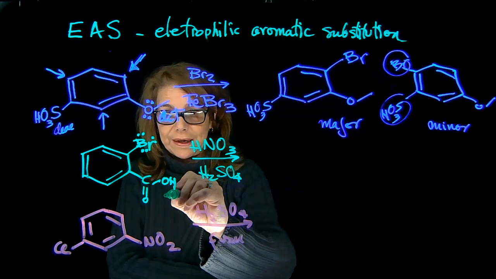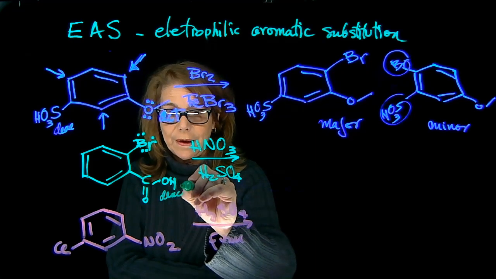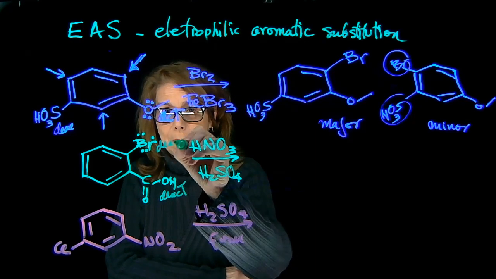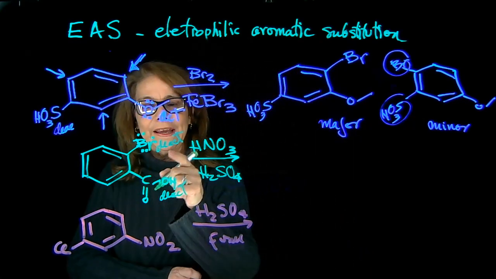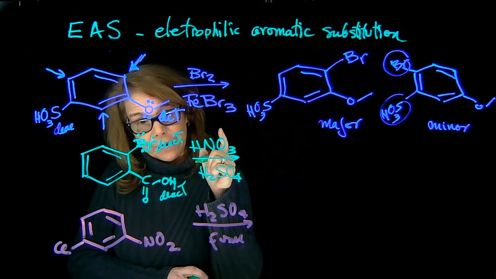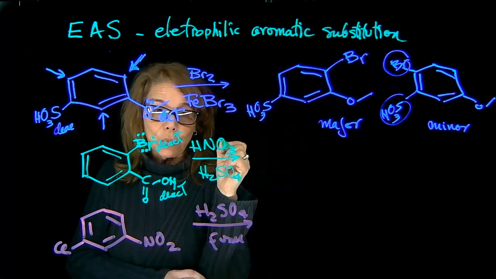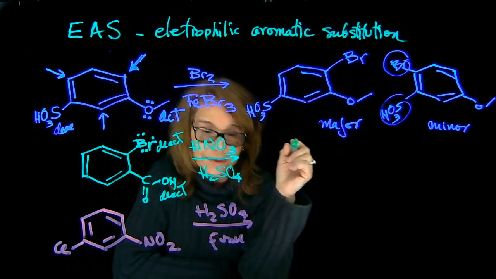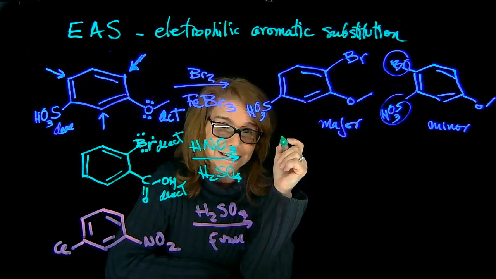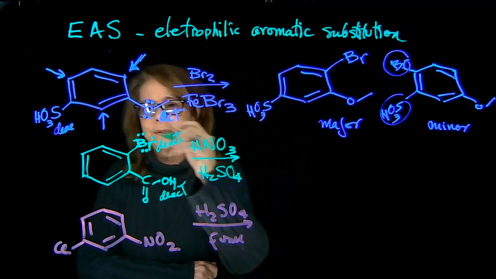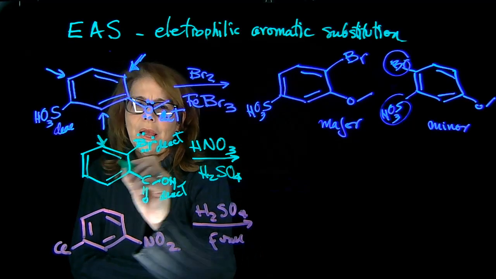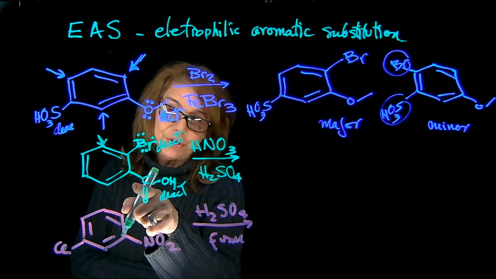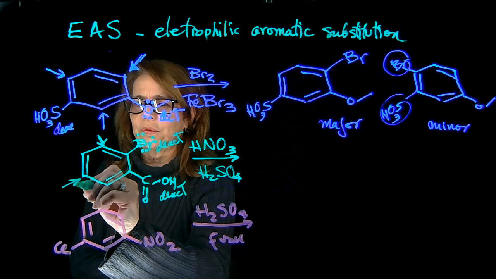So deactivator here, deactivator, but halides are weaker deactivators. And halides are the exception. Most deactivators will be meta-directing, but halides are ortho-para directing. So you're going to have here, ortho is here. The other ortho position is occupied, so you have these two positions.